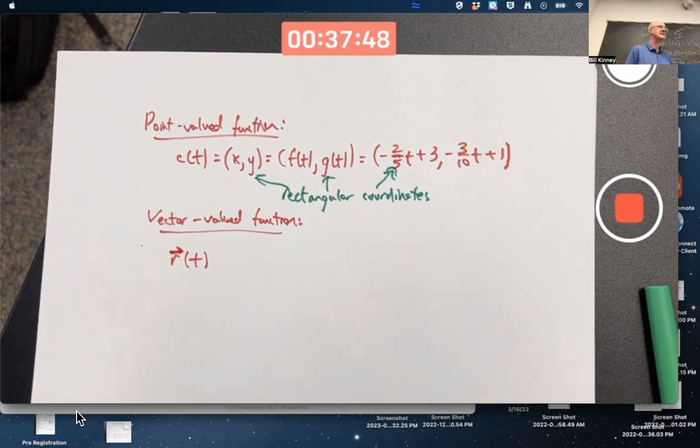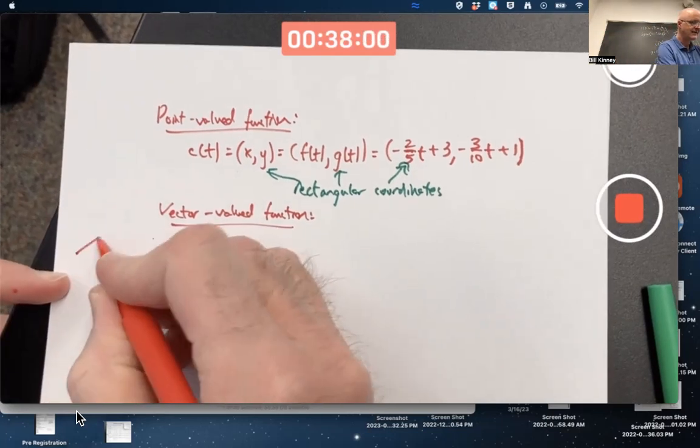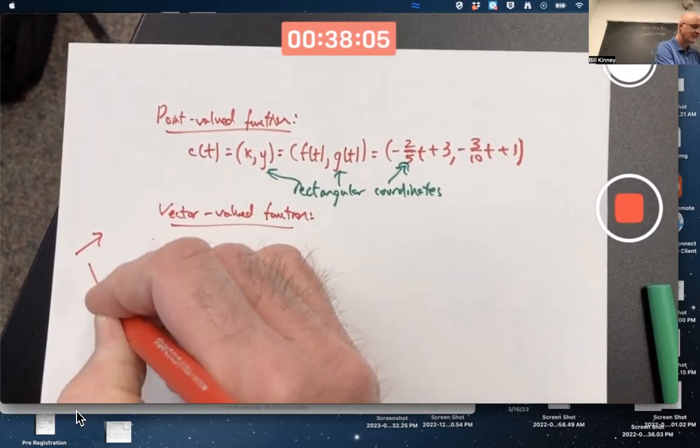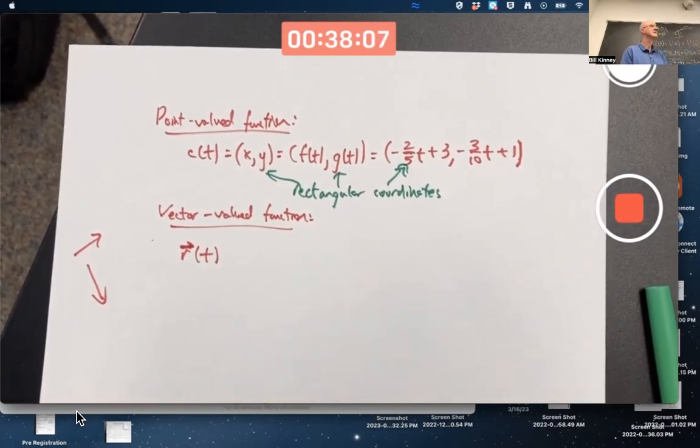In physics classes, vectors are just arrows. They're quantities that have a magnitude, which is the length of the arrow, and a direction. There's a vector. There's another vector. They're different vectors. They have different lengths and different directions that they're pointing.